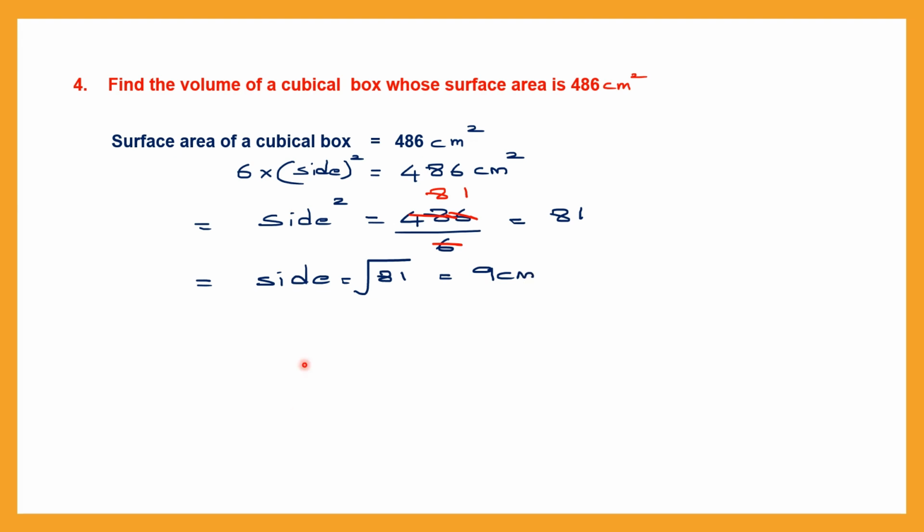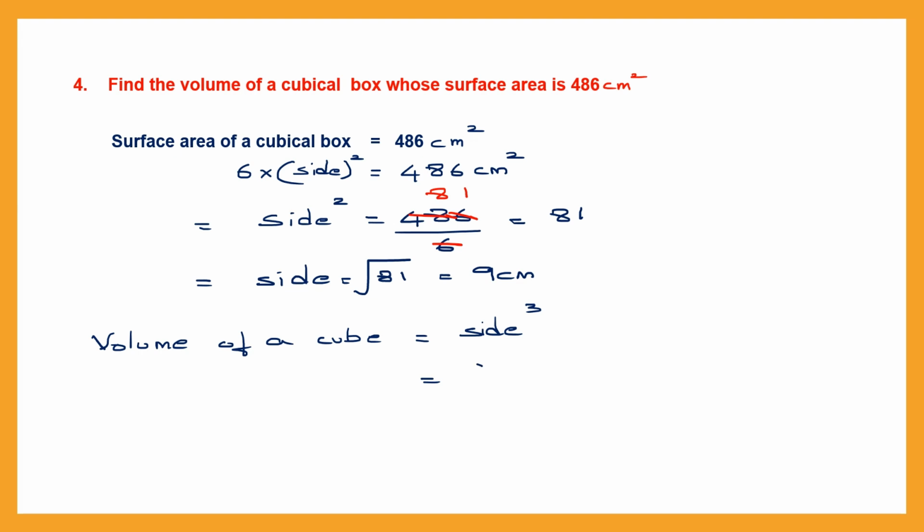So now that we have found the side, we can find the volume because the formula to find the volume of a cube is side cube. And here we know the value of side. We just found side is 9 centimeters.